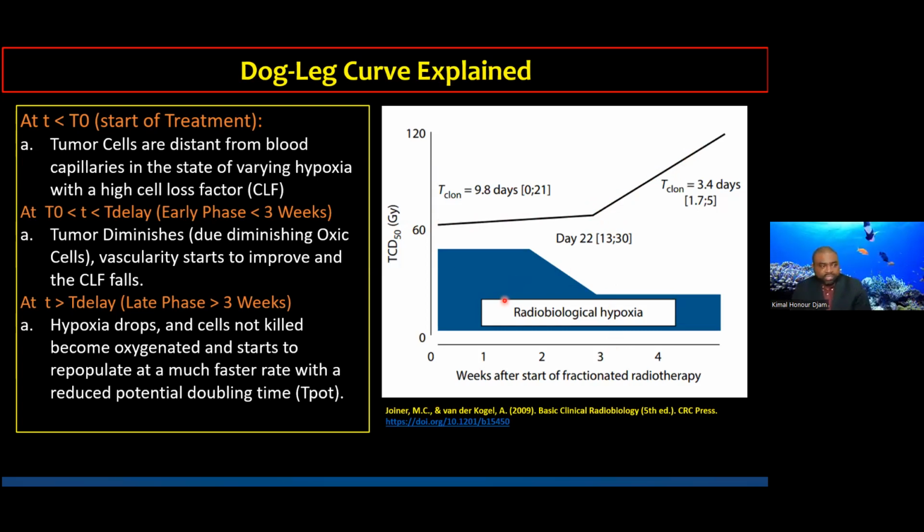Now, why do tumors generally behave in this way? Essentially, at the start of radiation therapy, numerous tumor cells are notably distanced from blood vessels, or blood capillaries to be more precise, and because of the poor vasculature of tumors, especially bulky tumors, they experience varying degrees of hypoxia.